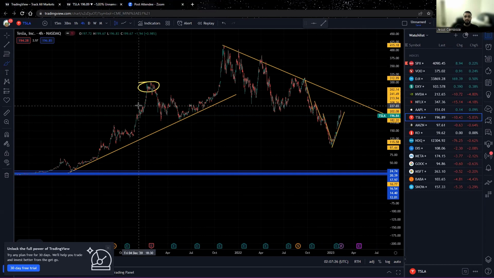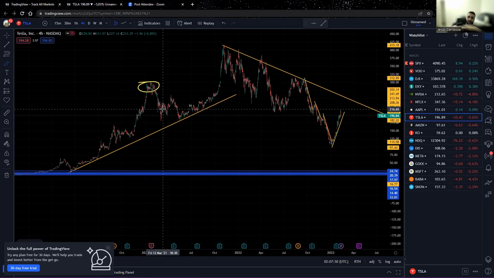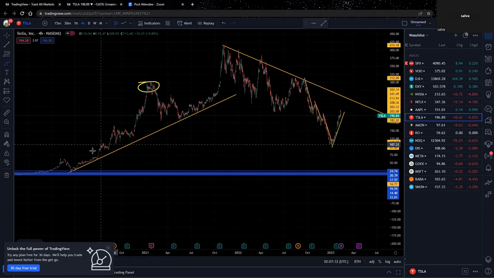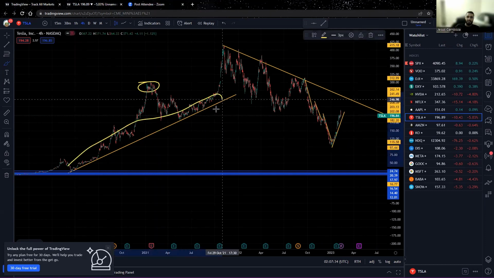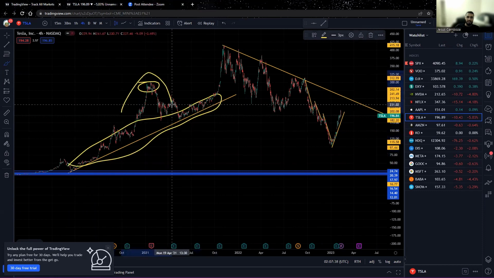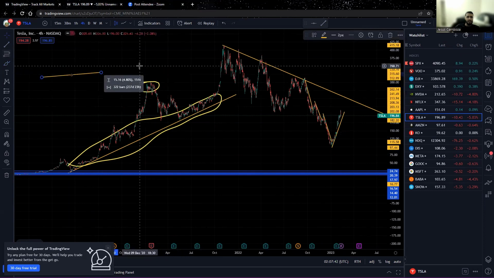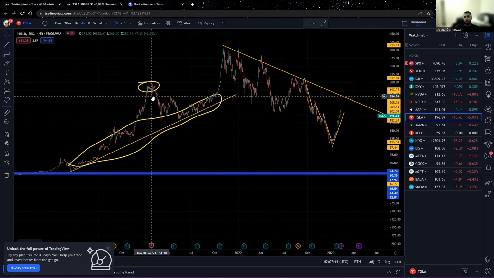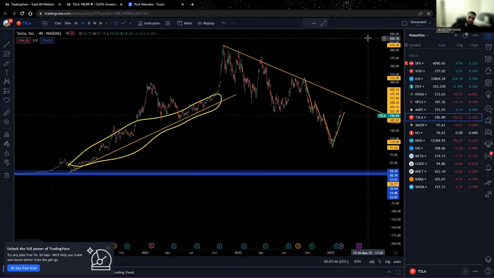They start prioritizing other stuff, and that's when it goes back to its original price range, which is this right here. And this is healthy. Anything up here, look, that's not healthy at all. So that's how you identify healthy trends and non-healthy trends.